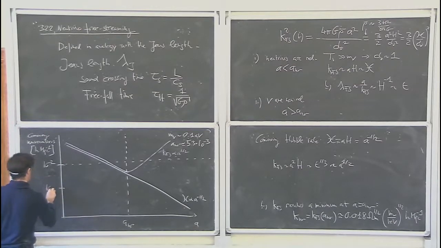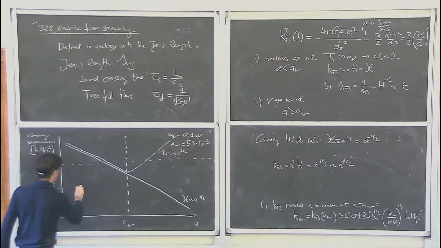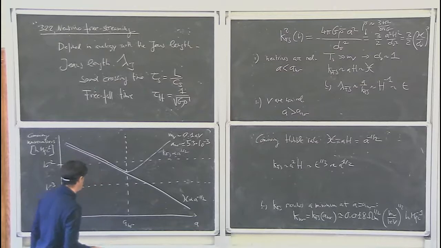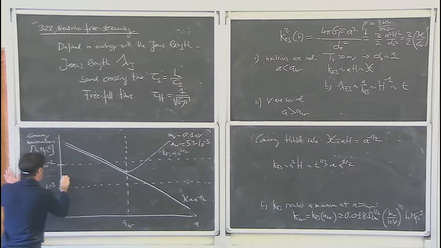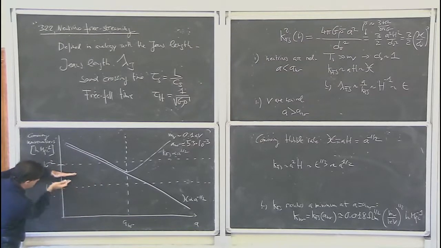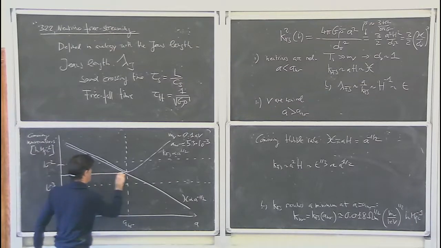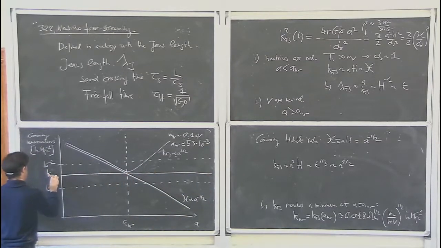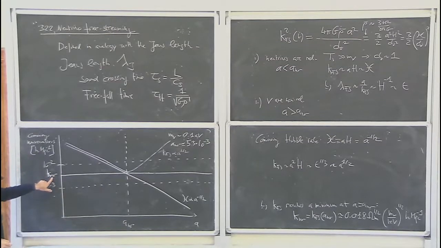Here you would have 10 to the minus 3 co-moving wave number. Something like that. So first of all, if you look at the lower part of this figure, okay, this is the minimum free streaming wave number.